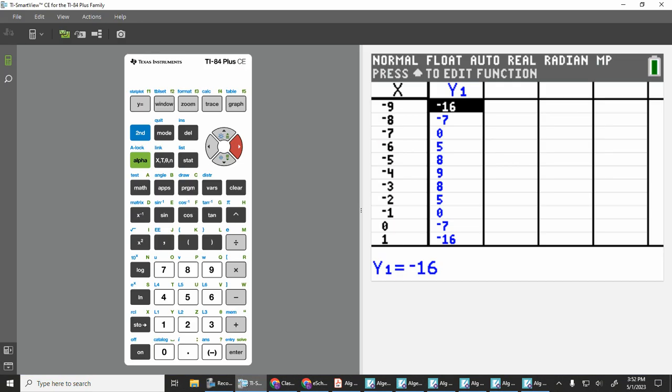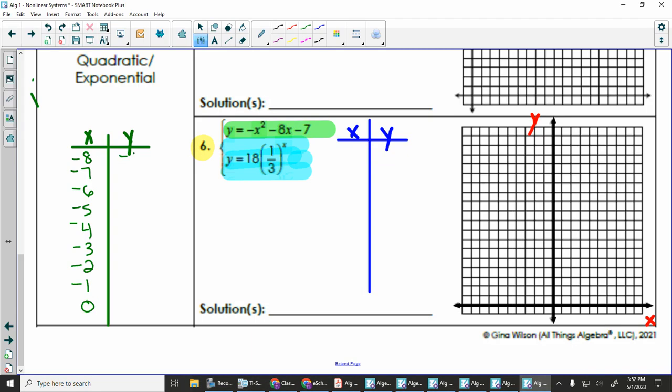Okay, and then we're going negative 7, 0, 5, 8, 9, and then repeat the pattern backwards. 8, 5, 0, negative 7. There we go. So now we're going to go ahead and graph that parabola.